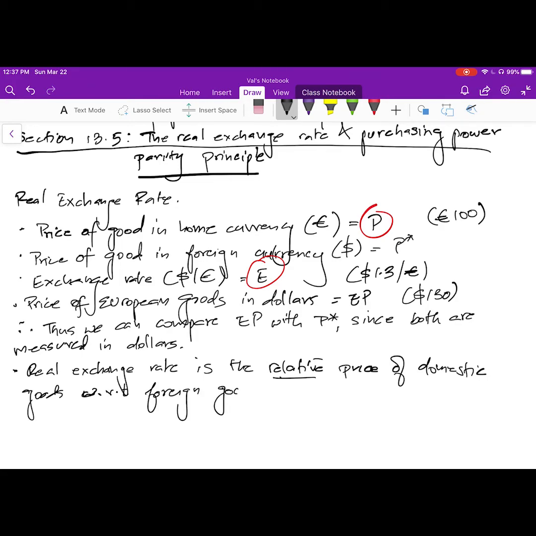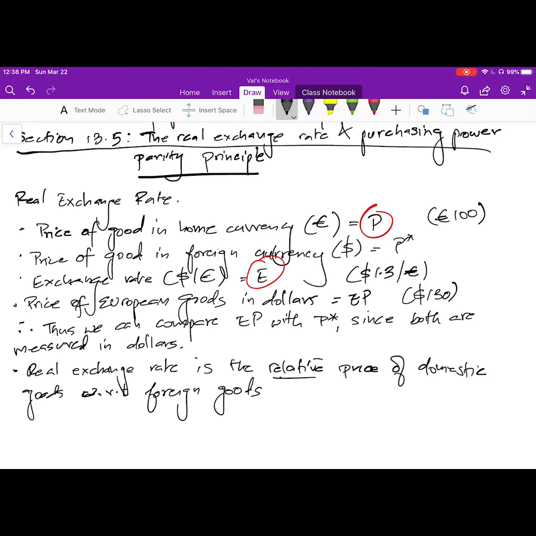The subtle difference between real exchange rate and nominal exchange rate is that we have taken out the currency component. We don't care what currency we're using. We're just asking what's the value of one good in one country relative to the value of the same good in another country while keeping the currency constant.